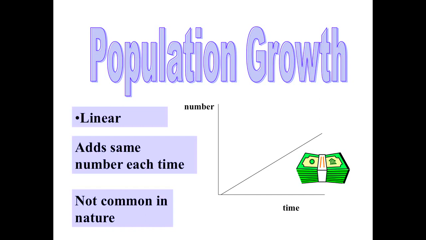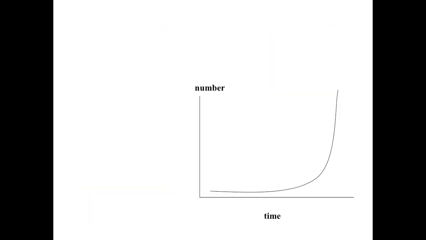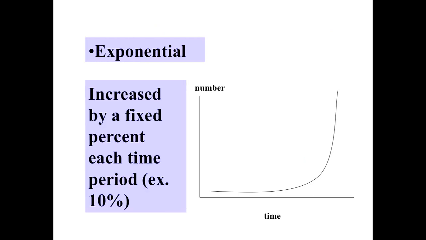Now, a type of population growth that is more common in nature is exponential growth, and this is where the population is growing by a fixed percent each time period. So for example, the population might grow by 10% every year. So if the population starts off with 1,000 individuals, the next year we add 10% of 1,000, so we'll get 1,100 individuals.